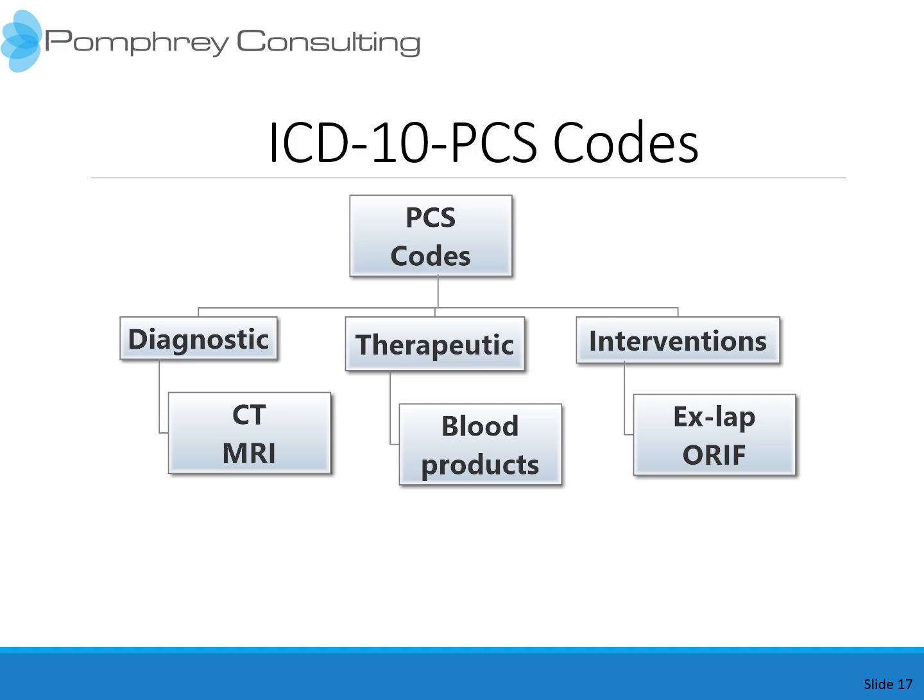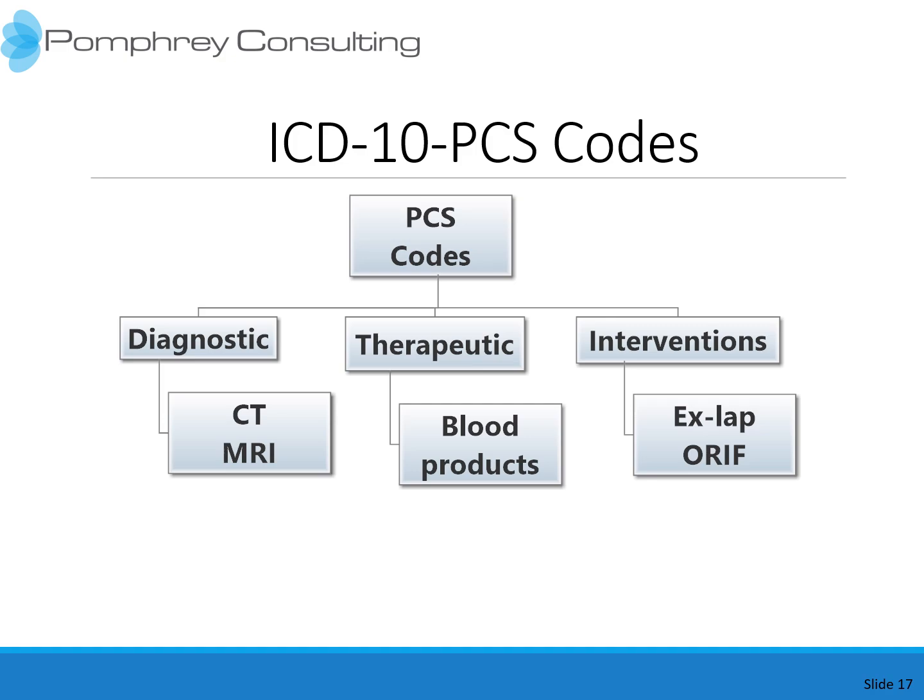If we get a little deeper into PCS, remember, this is just the overview of coding and what you can expect over the next couple of lectures. I mentioned that PCS is specifically for procedure coding, and those procedure codes can be broken down into three groups. Diagnostic, which would be identifying if the patient had a CT or an MRI. Therapeutic, what was done maybe to treat the injury or the disease.